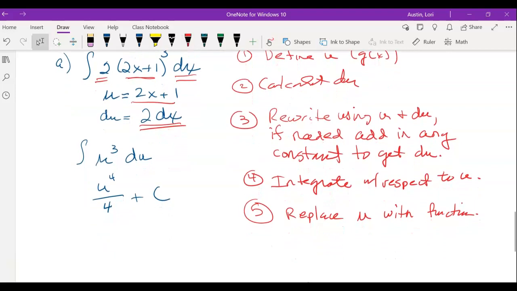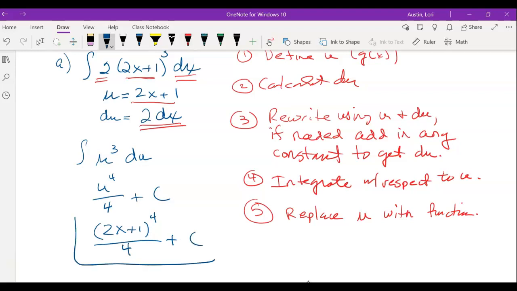In other words, what does u equal? So it becomes that, and that's your answer.